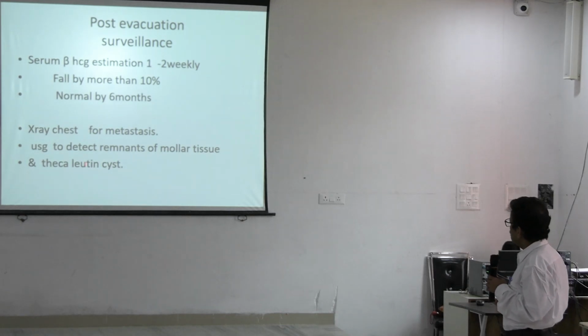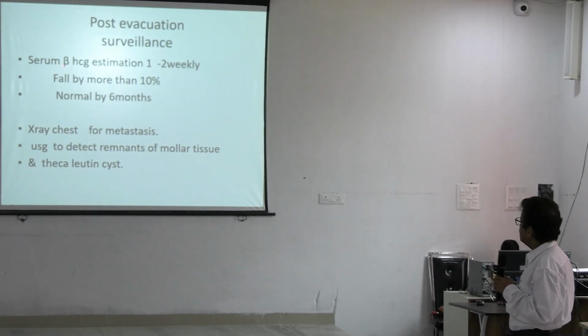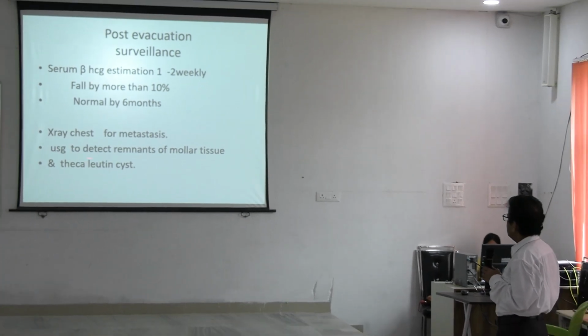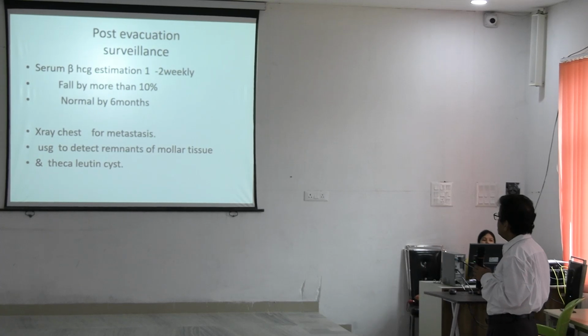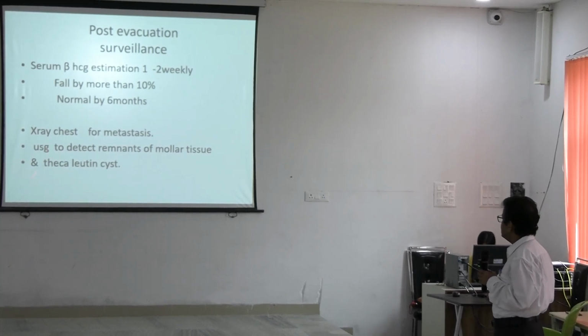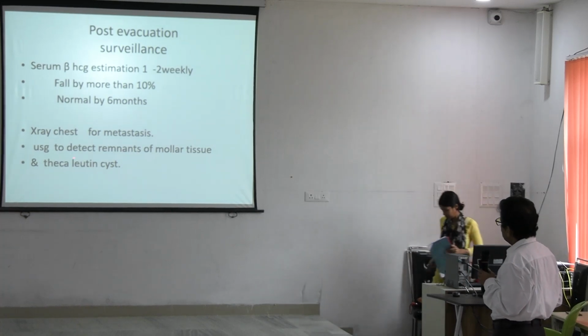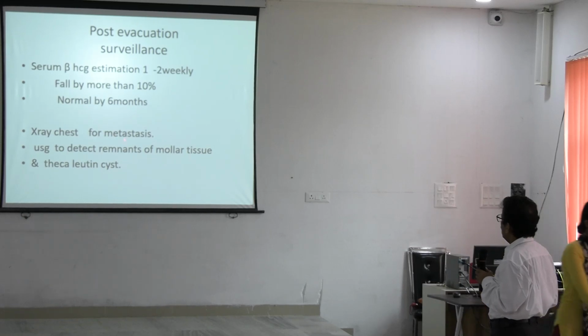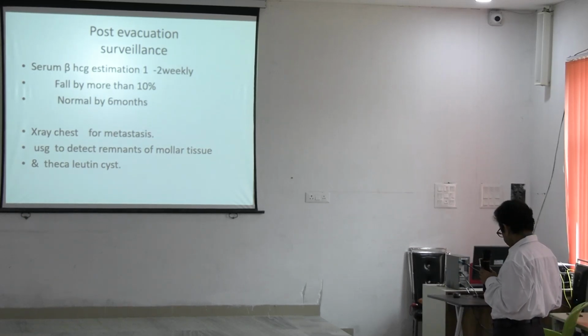That does not require surgery, depending on the beta hCG level, but will only be tackled if you reduce the beta hCG level by some other drugs. We are coming to that later on. So that is post-evacuation surveillance: serial beta hCG, USG to detect molar tissue and thecal lutein cysts, which indicates that it is not going to normal, and X-ray chest, of course, for metastasis.